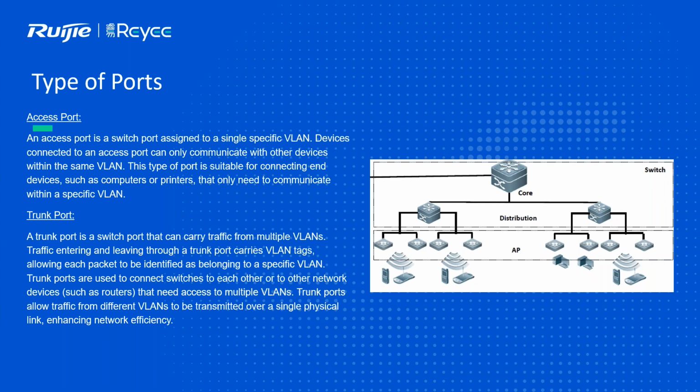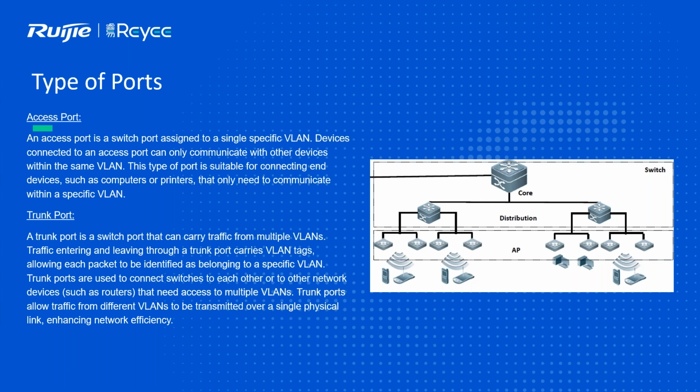An access port is a switch port assigned to a single specific VLAN. This is very important. The device connected to the access port can only communicate with other devices within the same VLAN. This type of port is suitable for connecting end devices, such as computers and printers, that only need to communicate with a specific VLAN.